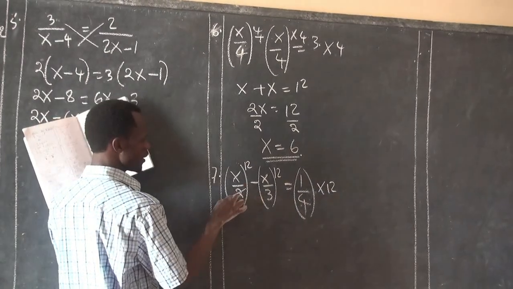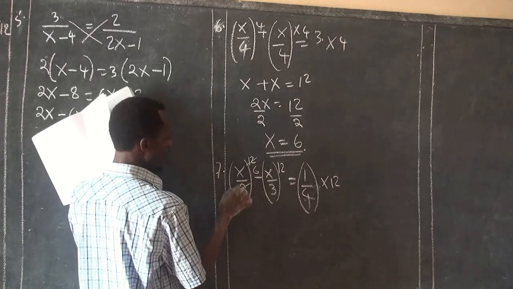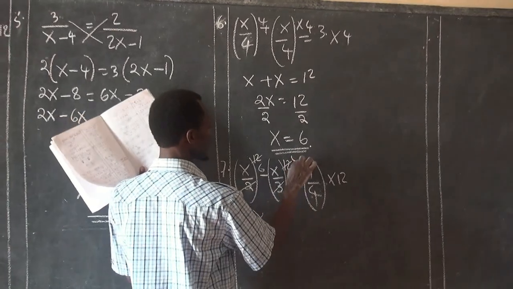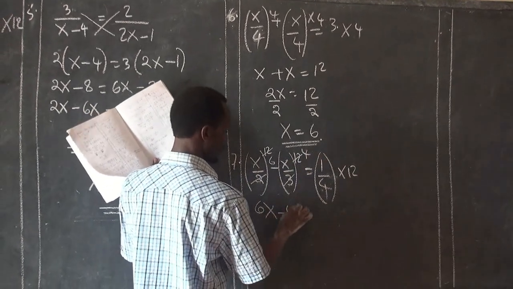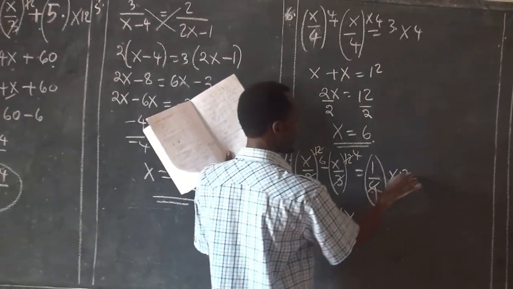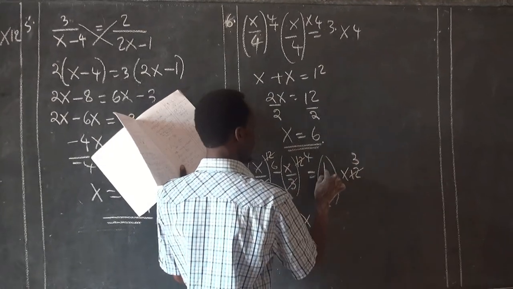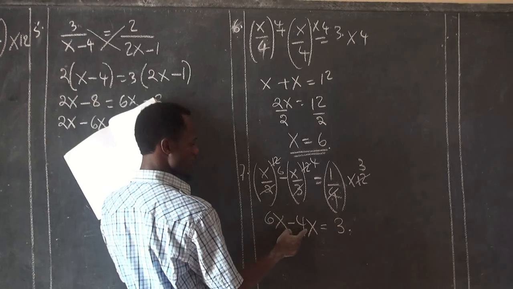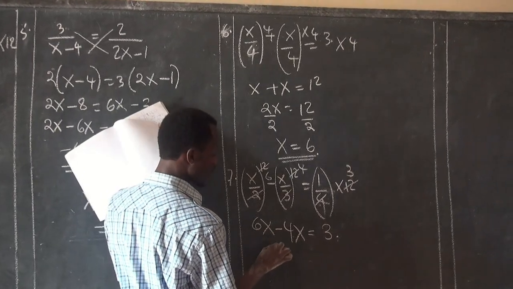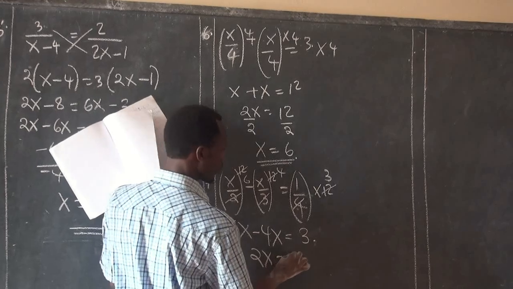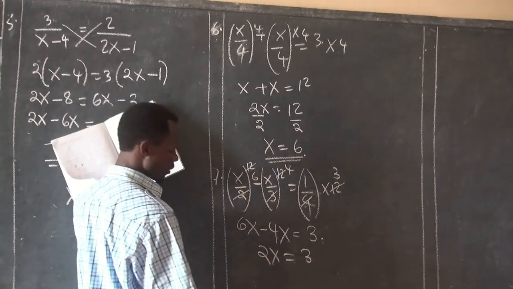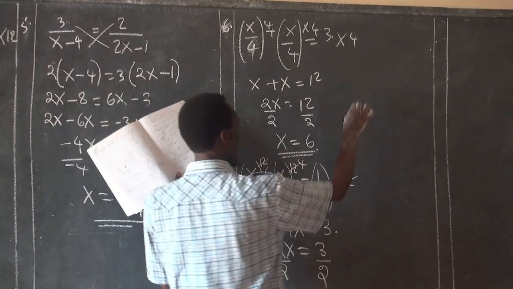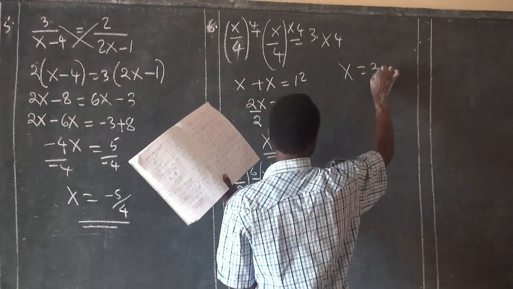Then we simplify here by 6. Now 6 times x we get 6x. Here by here it is 4, 4 times x we get 4x. Now 4 by 12 is 3, 1 times 3 you get 3. Now 6x minus 4x which is equal to 2x. Now it's equal to 3. We are looking for the value of x. Now divide by 2. Now x is equal to 3 over 2.